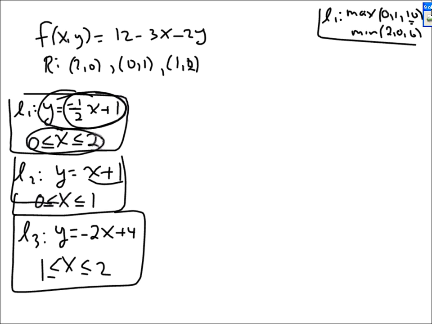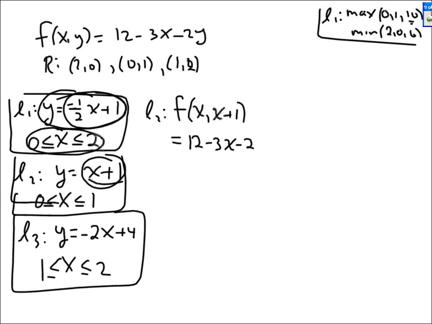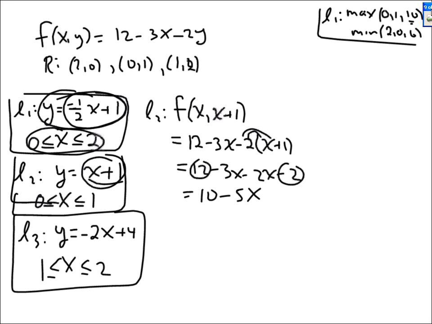Okay, line 2. Y is x plus 1. So f of x comma x plus 1 is 12 minus 3x minus 2 times (x plus 1). So you have 12 minus 3x minus 2x minus 2. 12 minus 2 is 10, minus 5x.